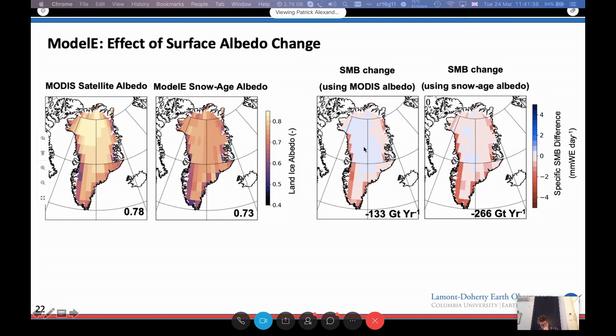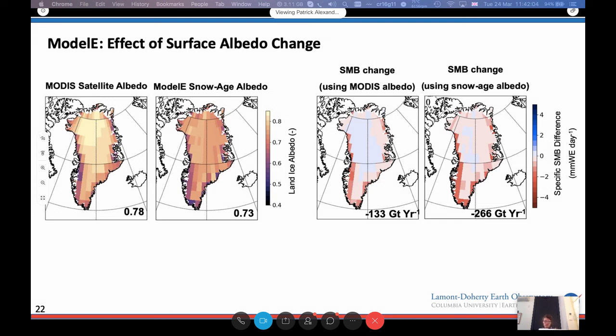But for both of these simulations, the surface mass balance is considerably reduced due to the lower surface albedo along the margins. And so you can see those effects here, the red areas where there's a decrease in surface mass balance when we change the surface albedo.